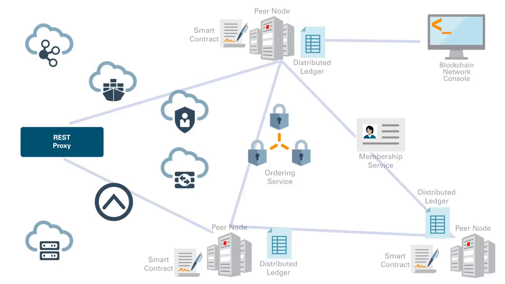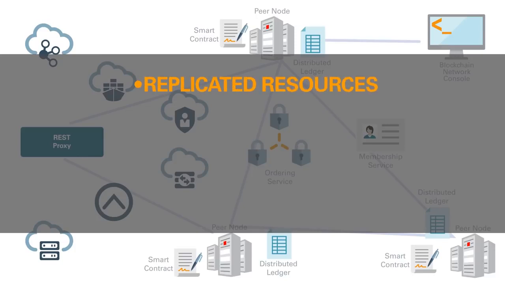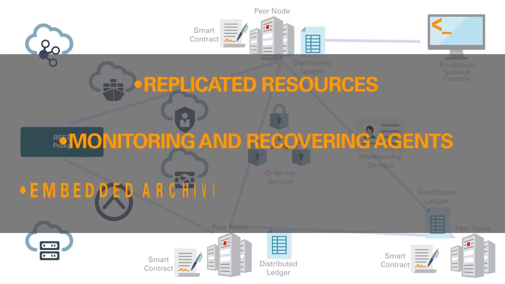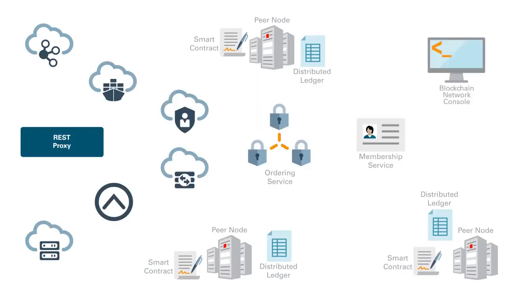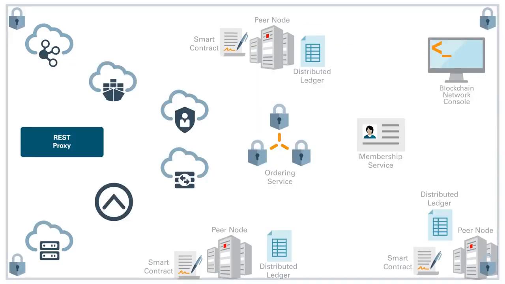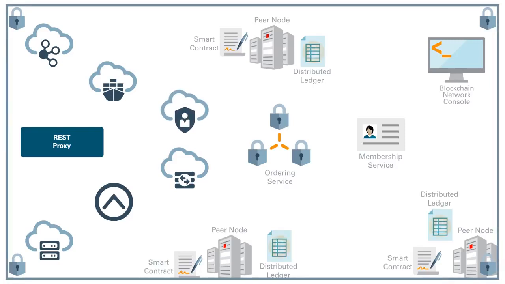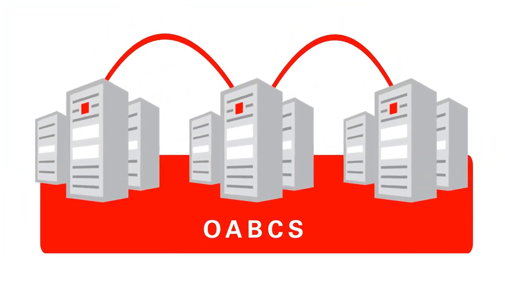Because it's also an Oracle Autonomous Service, each instance includes replicated resources, monitoring and recovering agents, embedded archiving of configuration data and ledger blocks, pre-integrated authentication and perimeter security via Oracle Identity Cloud, data encryption in transit and at rest, and integration with management and log analytics services. This helps Oracle operations monitor and troubleshoot any issues. It also includes zero downtime managed patching to help resolve any issues and upgrade the service components without interrupting your operations.